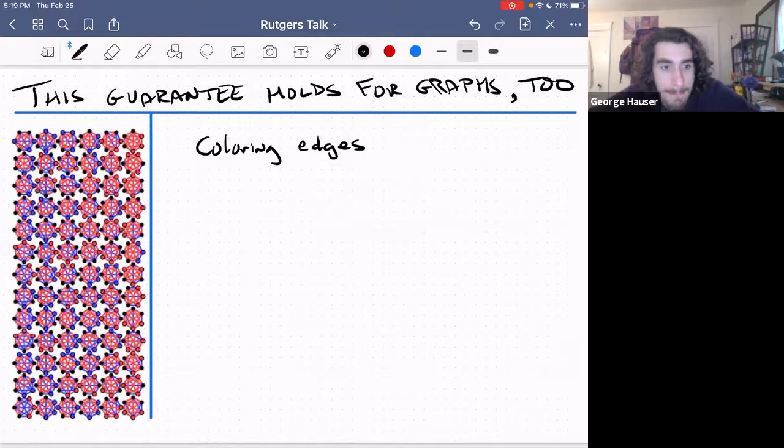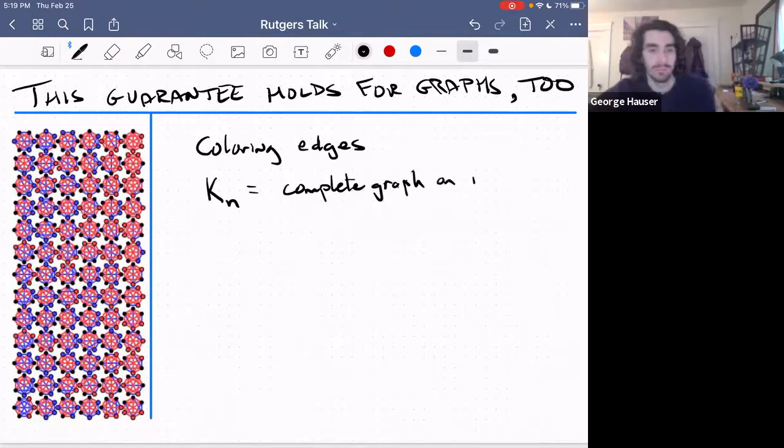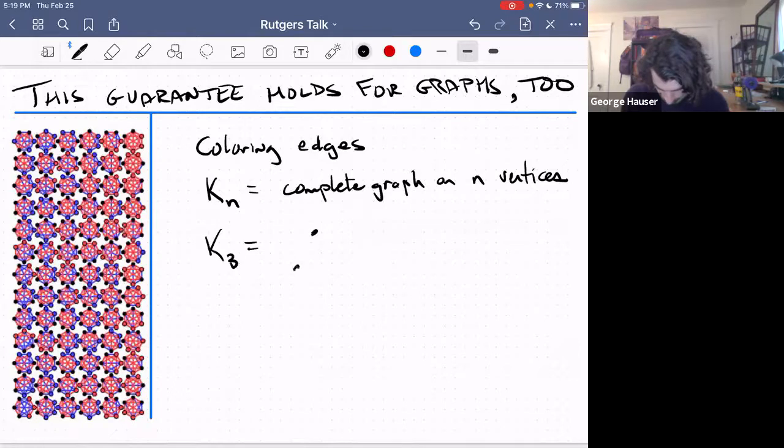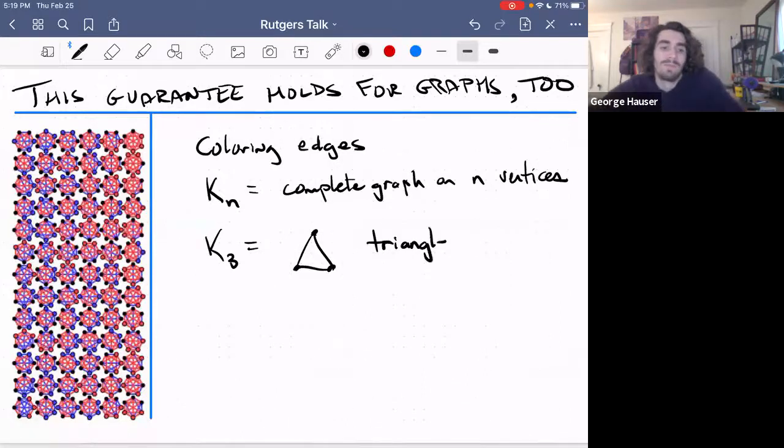So the notation I'm going to use, this is the complete graph on n vertices, meaning that all possible edges are in the graph. And when I talk about K3, which is this, I will refer to it as a triangle.